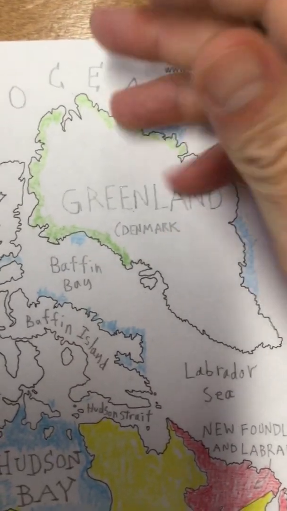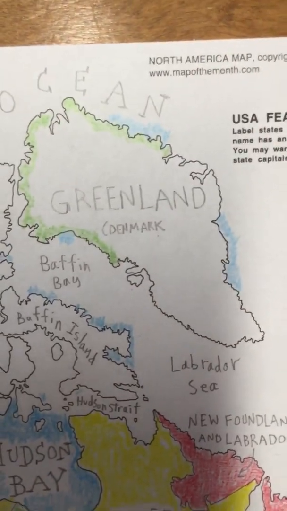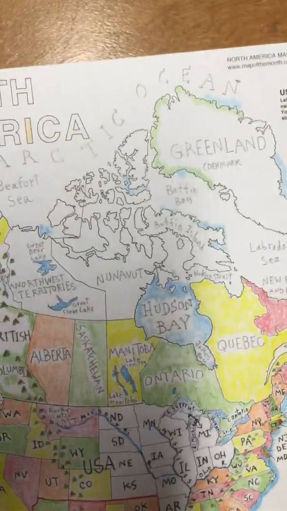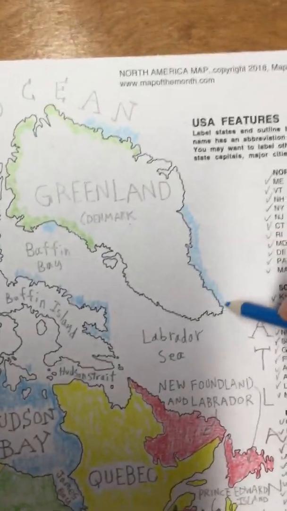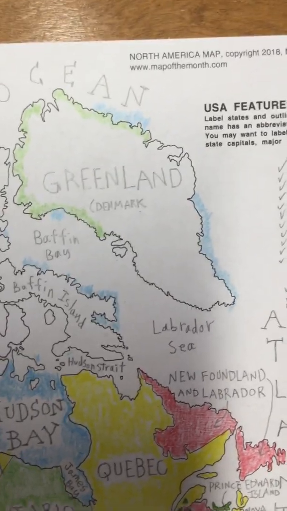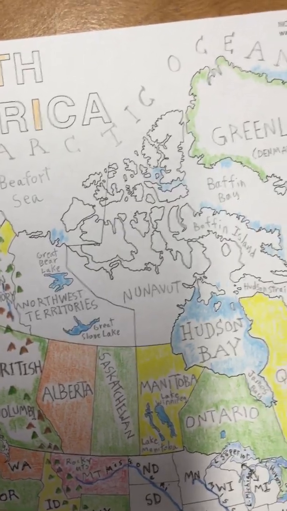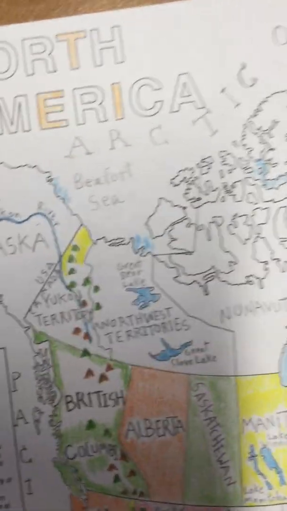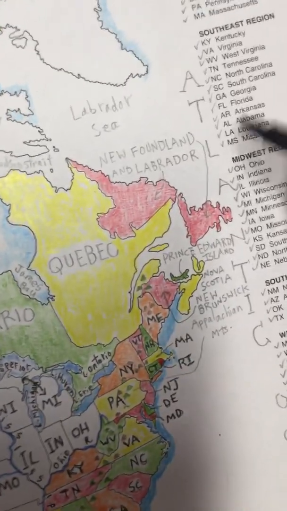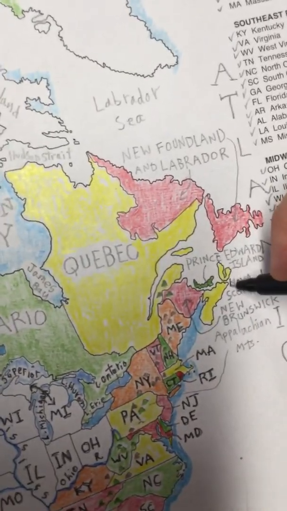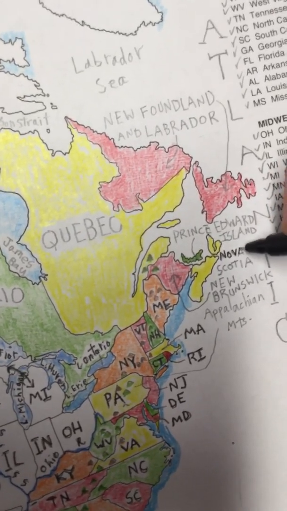Although it is, like I said, a very icy island. Okay, let's see. Now, I would also suggest darkening in some of these place names that we labeled in the last video. You can do that at some point. Nova Scotia. Let's do that as an example.